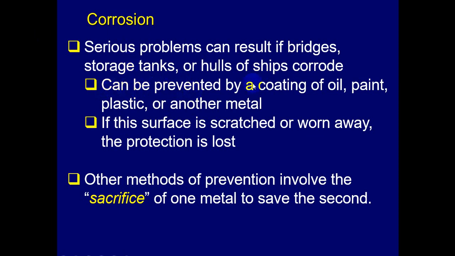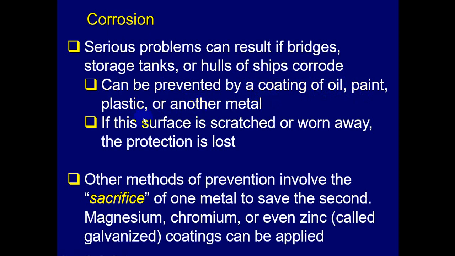And corrosion can be prevented by coating with oil. If you have some metal in the house, or you have your bicycle and you don't paint it, you don't coat it with oil, your keys, coat your keys with oil. And when you coat with plastic or even another metal, it prevents corrosion. If this surface is scratched or worn away, the paint is scratched, oil is worn away, plastic is scratched, the protection is lost.